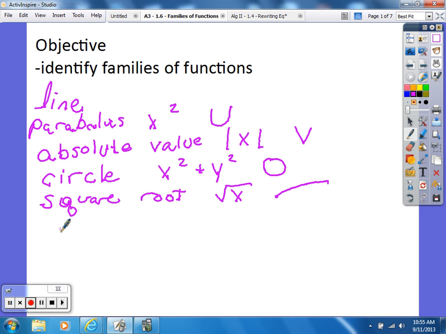Any others? Okay. So you're talking about the one that goes like that. Cube root. Cube root. Good one.